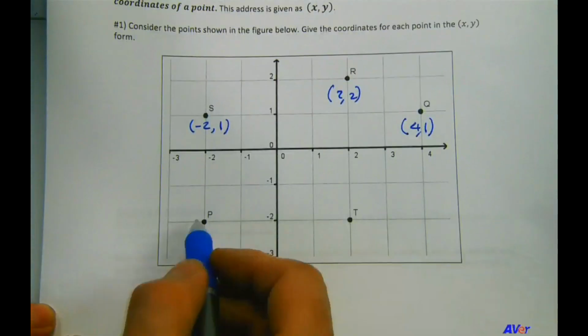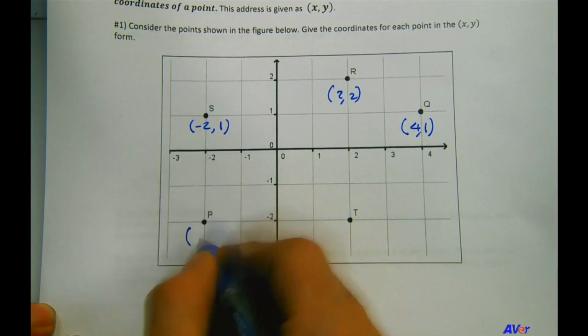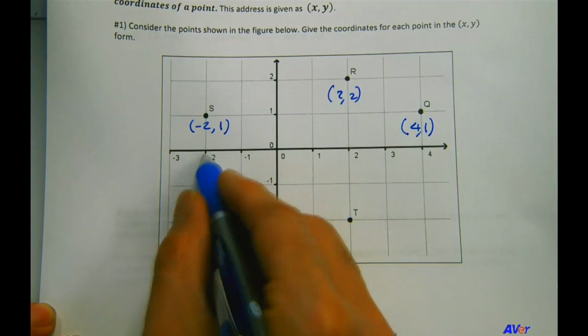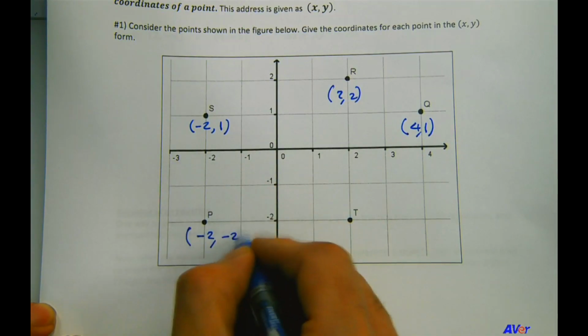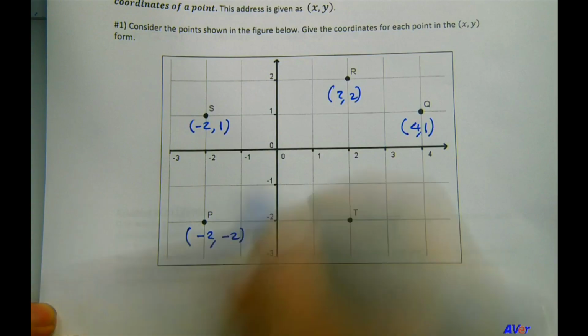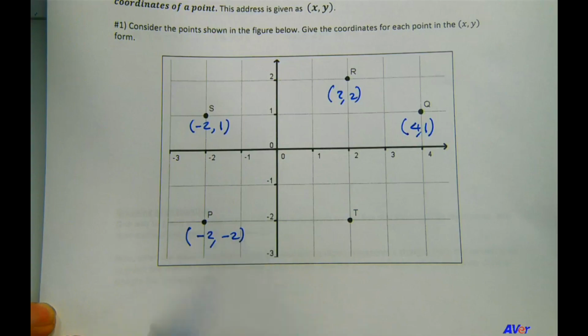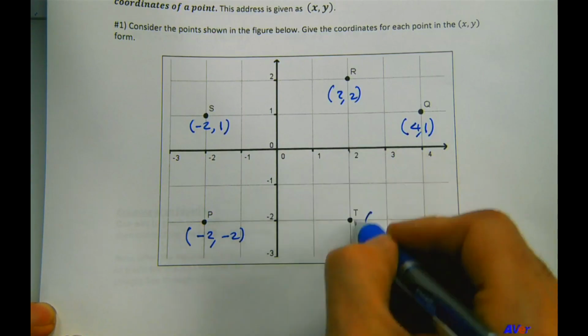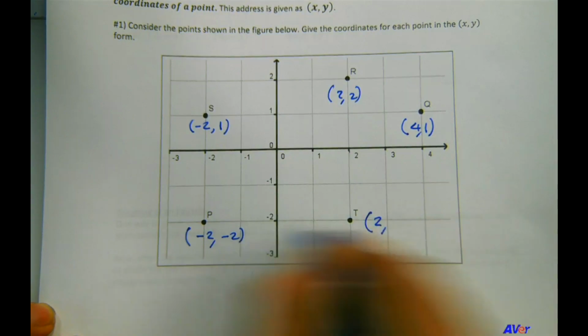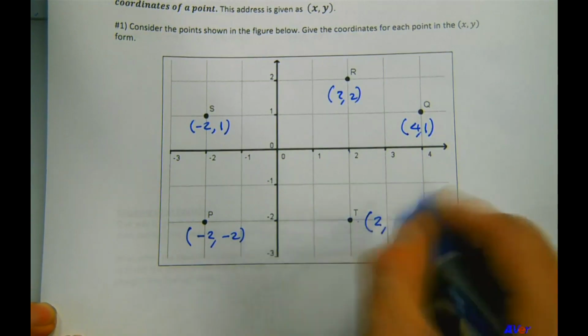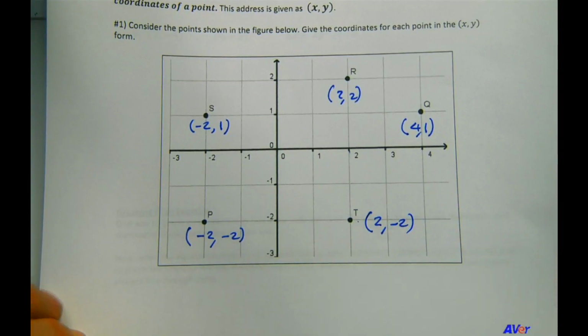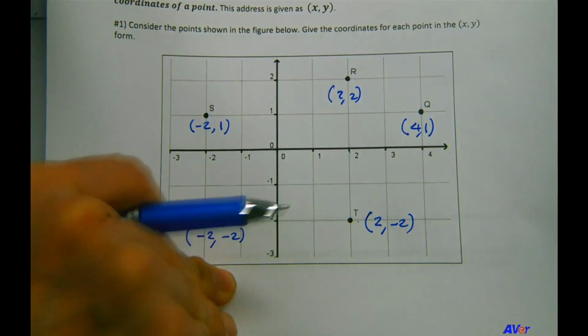Okay, the point P, the x component is -2, the y component is also -2, right? -2 along the x-axis, -2 along the y-axis. Coordinates of this point, what do you think? Its x component is 2, and the y component is -2. Okay, I hope these coordinates agree with what you have on your own paper.